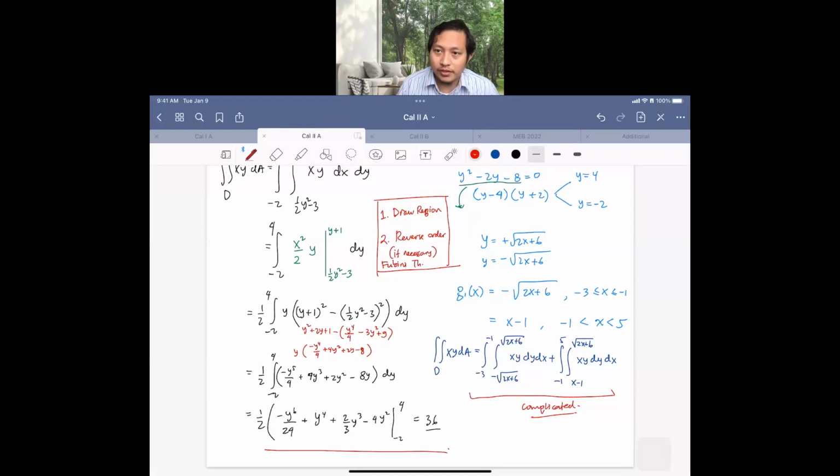It's not for memorization. It's just to visualize, if you have function of x and if you have function of y, what could be your region. That means you can do both for some functions, and it depends on your preference, which one is the best way to solve.